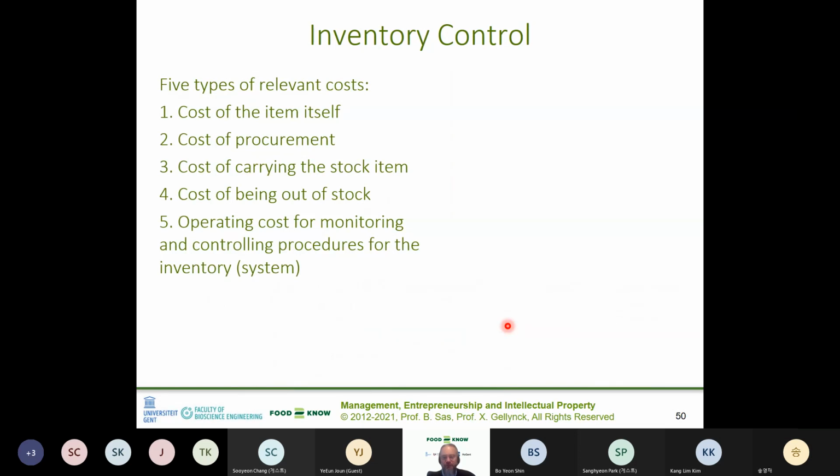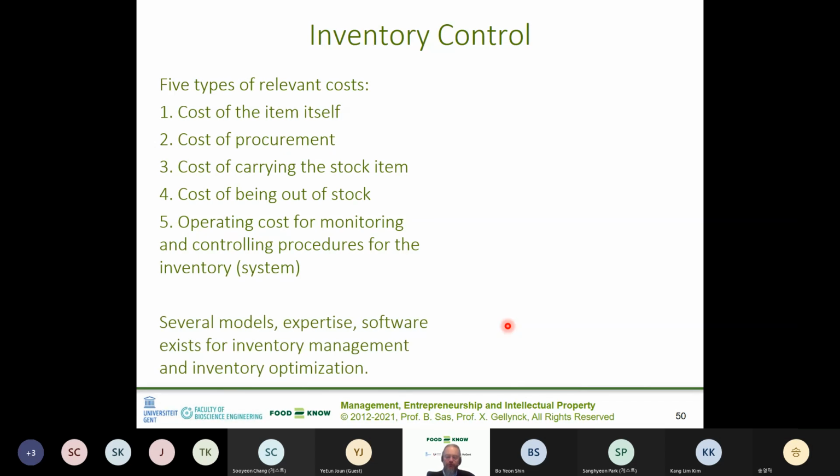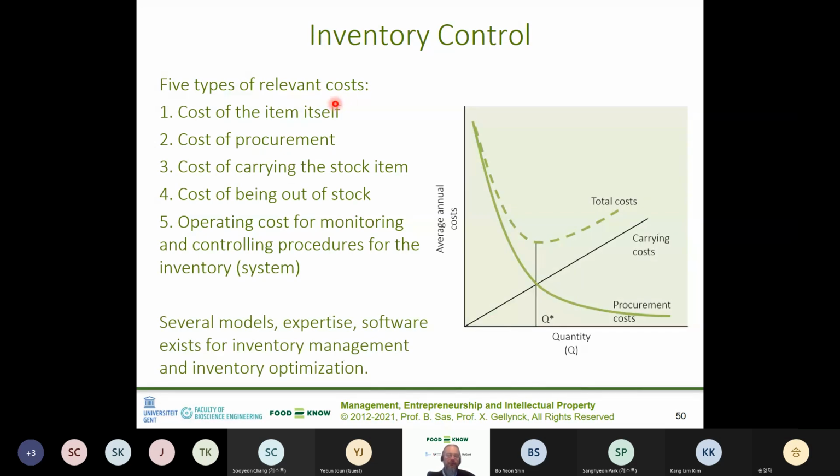So there are important aspects of inventory control related to costs. So you have the cost of carrying the item itself, the cost of purchasing, procuring the item, the cost of actually having the item in the warehouse, and also there's of course a cost. What happens if you're out of stock and the raw material, the finished good, is not available?